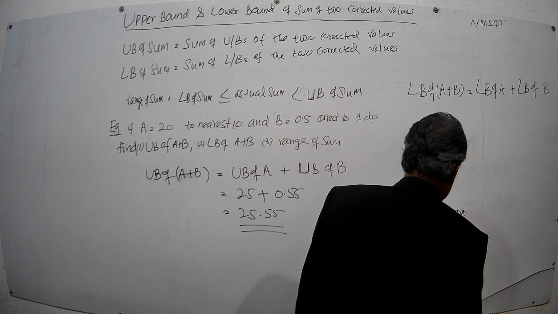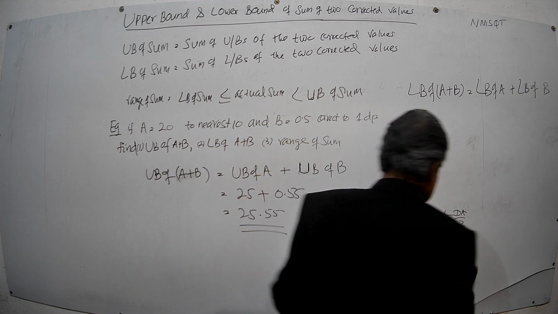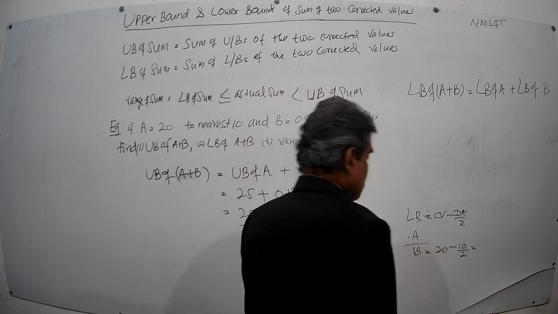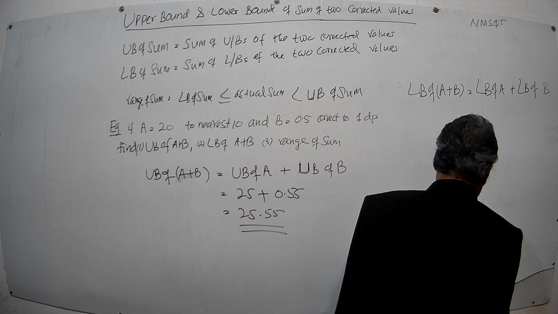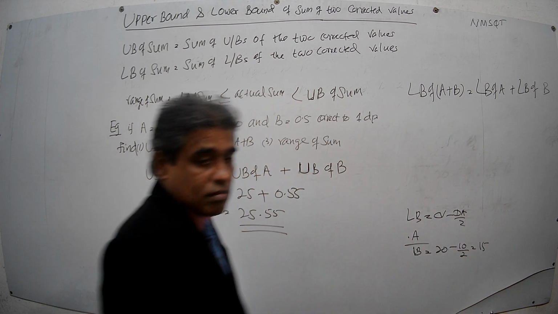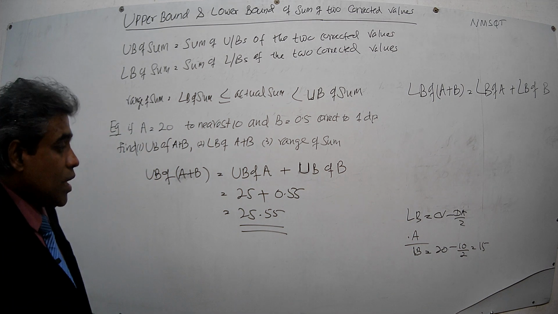Then minus the degree of accuracy, 10, which is given right here, divided by 2. It's very easy. 20 minus 5 means 15. So that is the lower bound of A.